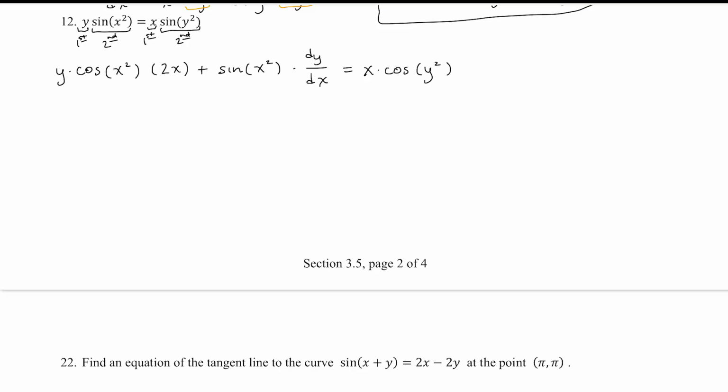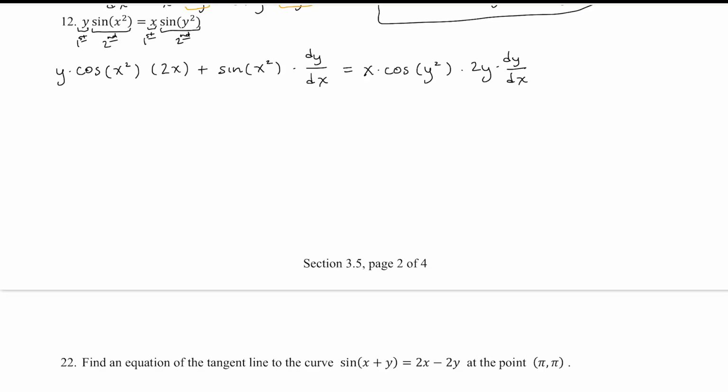In general, the derivative of the sine function is the cosine function, and I have to take the cosine of y squared. But then the chain rule says I also have to multiply by the derivative of y squared, remembering that I'm taking the derivative with respect to x. So the derivative of y squared is 2y times dy dx, and that's actually a use of the chain rule.